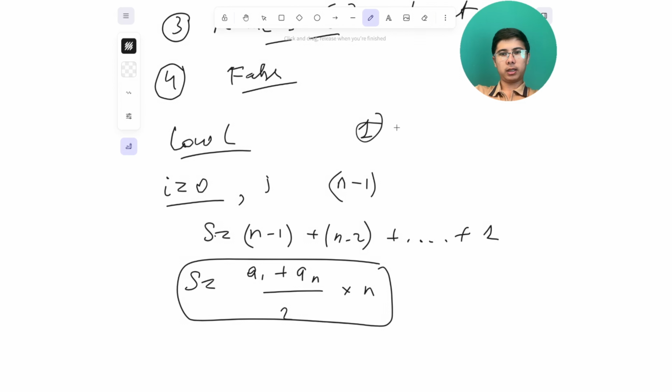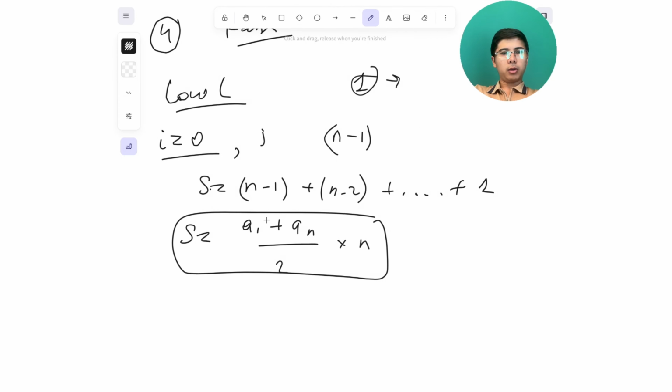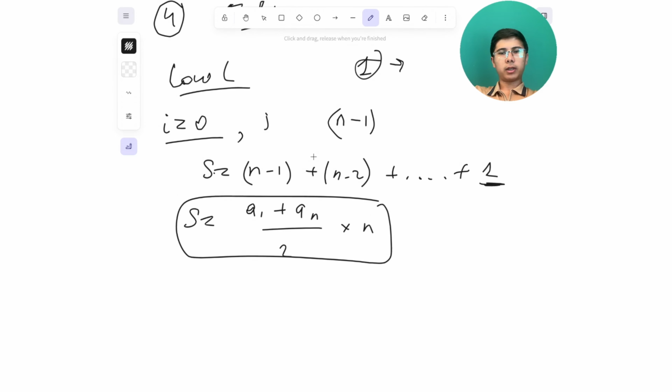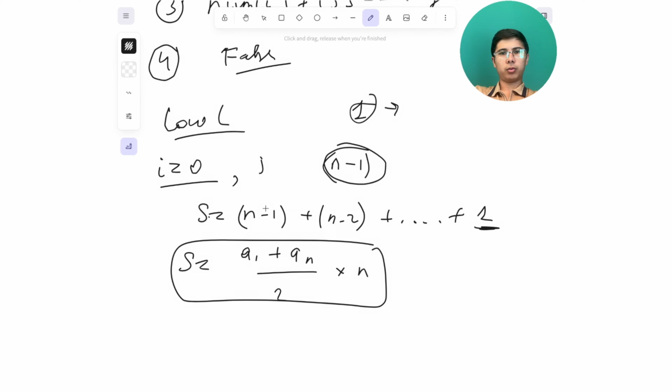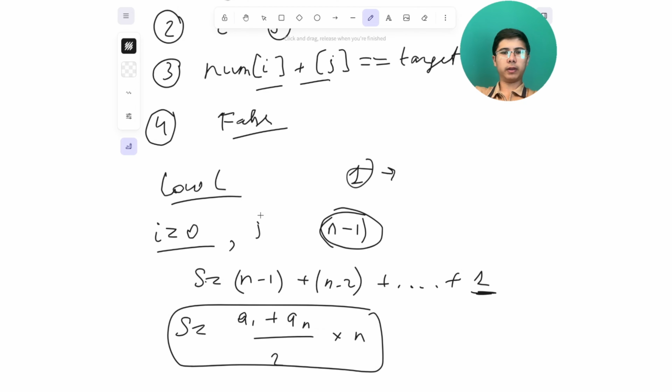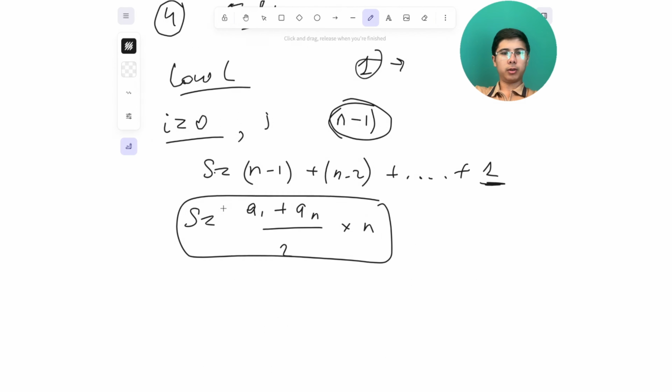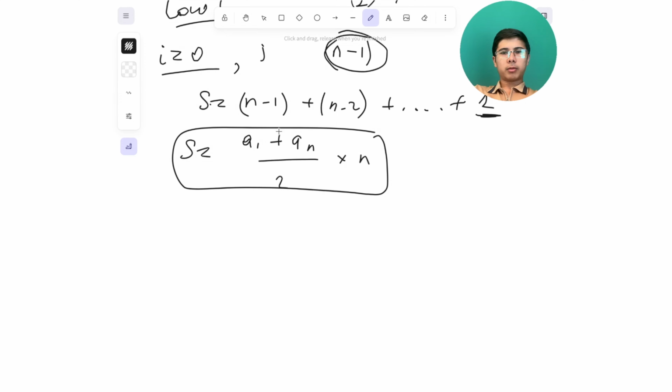And the total number of elements is n minus 1, because we don't need to count the duplicate pairs twice. The formula becomes: a1 equals 1 in our case, and an equals n minus 1, so 1 plus n minus 1. We're just proving the mathematical form of the formula.